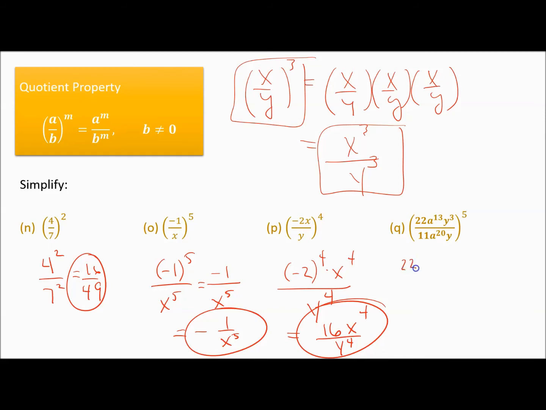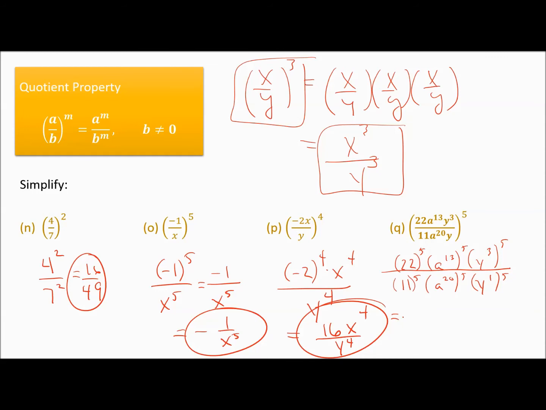So I have 22 to the 5th, a to the 13th to the 5th, and y to the 3rd to the 5th, divided by 11 to the 5th, parentheses not required, but I'm going to put them, a to the 20th to the 5th, and then y to the 1st to the 5th.